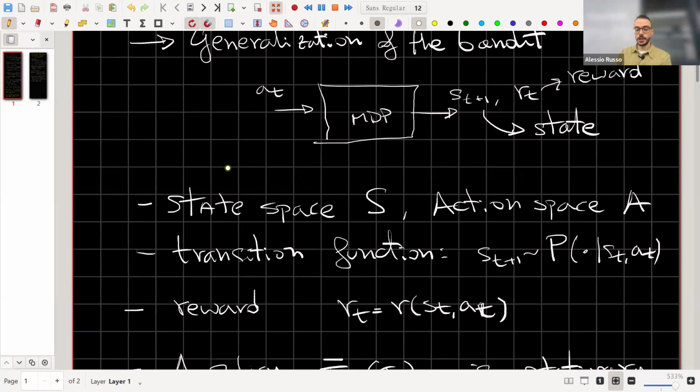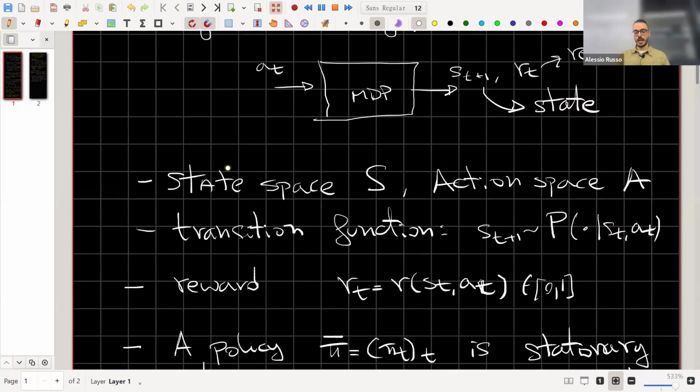And then we also have the reward function. The reward function maps state-action pairs to values in [0, 1] for simplicity. And we will denote by R_t the reward that we observe at time step t, which is a function of the state and action that we observed at time t.